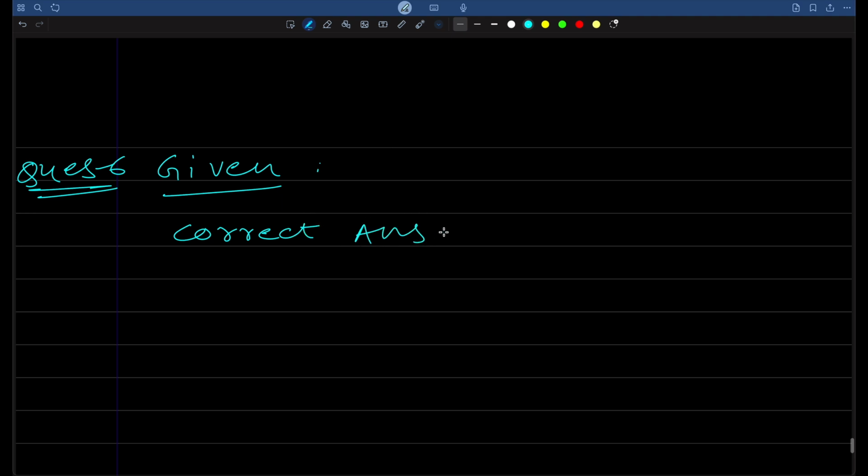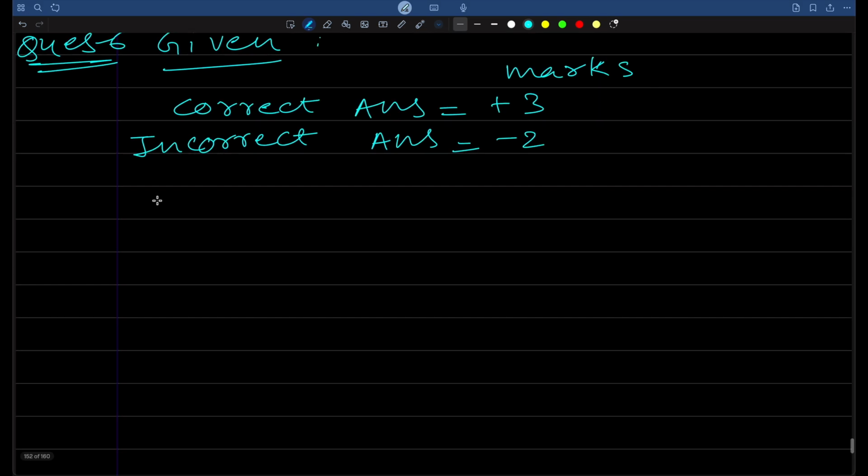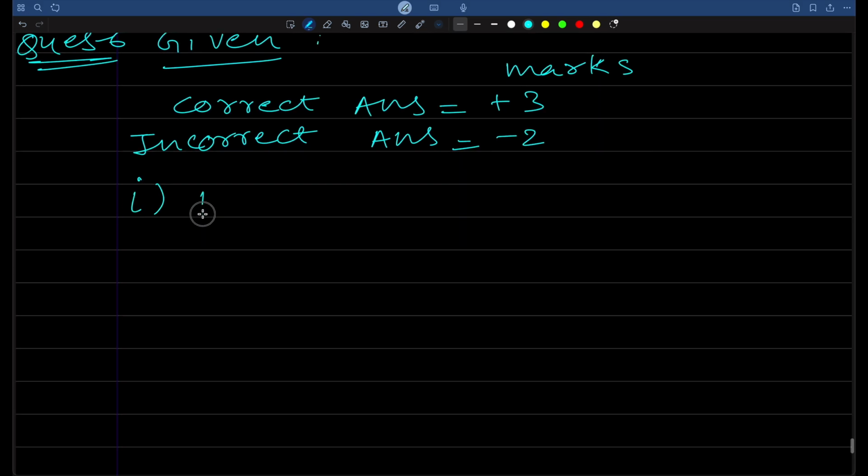Correct answer plus 3 marks, then we have incorrect answer minus 2 marks. Then we are given part 1, that is for Radhika. Radhika scores 20 marks.